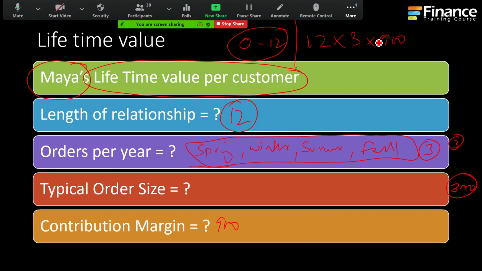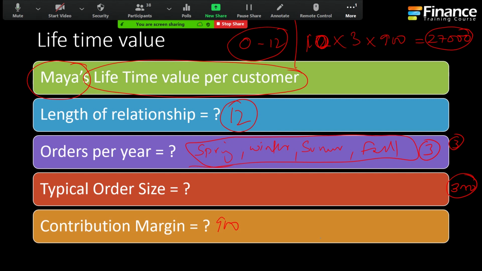About 900. So 9 into, यार इसको 10 कर लेते हैं, 10 is going to make the math easier. 9 into 3 is 27, and 27, so this is about how much? 27,000 रुपए. The lifetime value of each Maya customer is about 27,000.